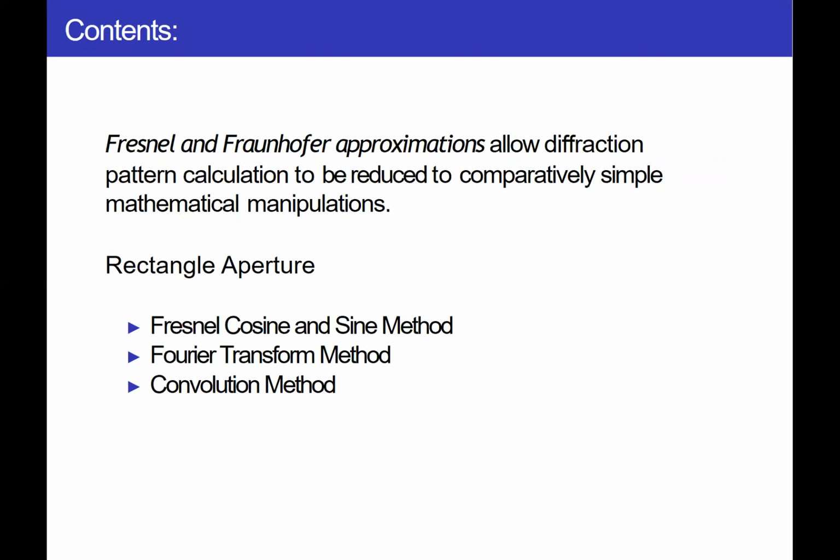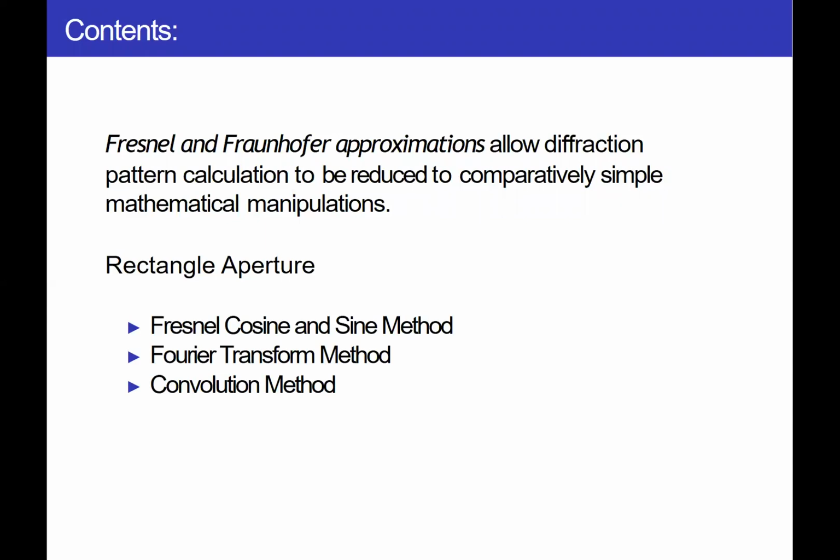So the Fresnel and Fraunhofer approximation allow diffraction pattern calculation, and it's going to be very effective, especially for calculation of image formation and the calculation of beam propagations. And what we are going to do today is that we are still talking about rectangular aperture or slit.